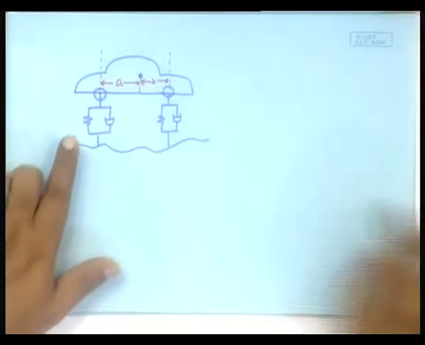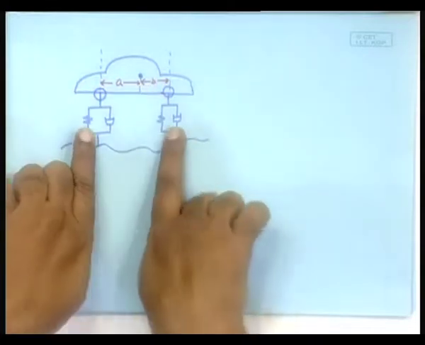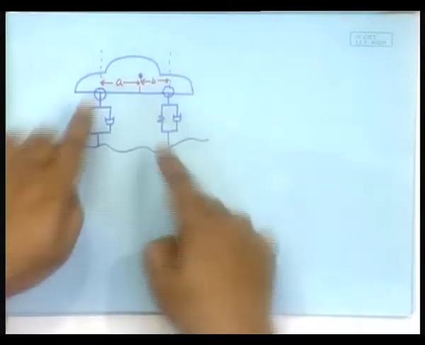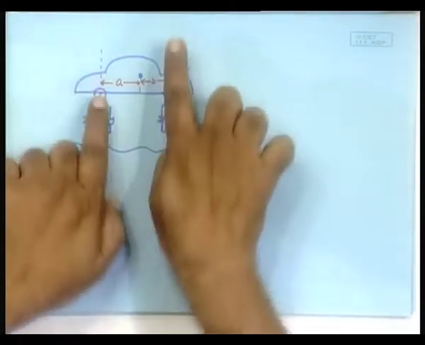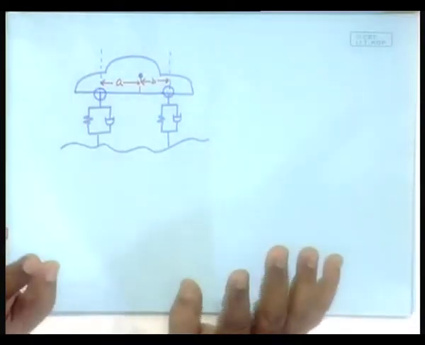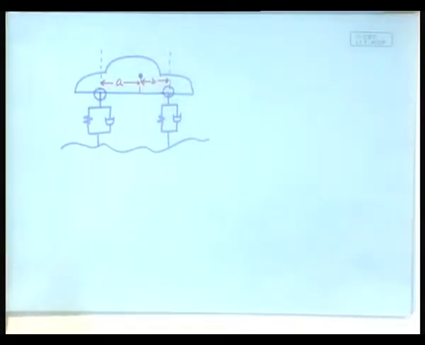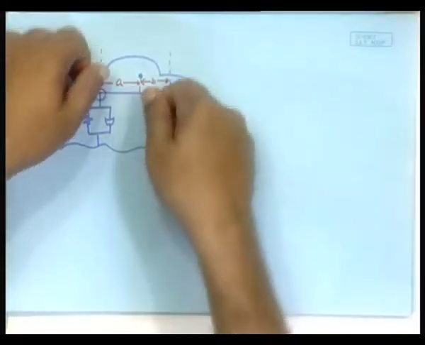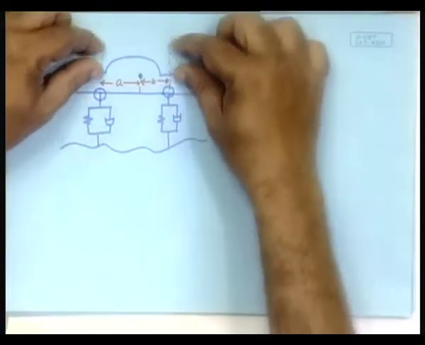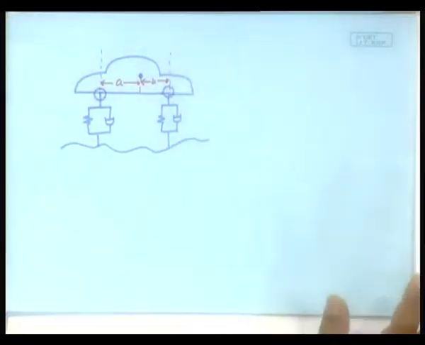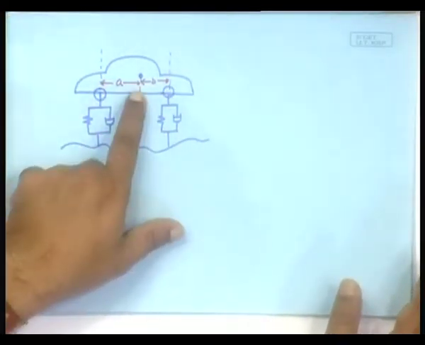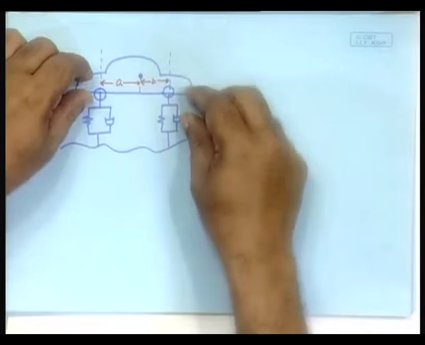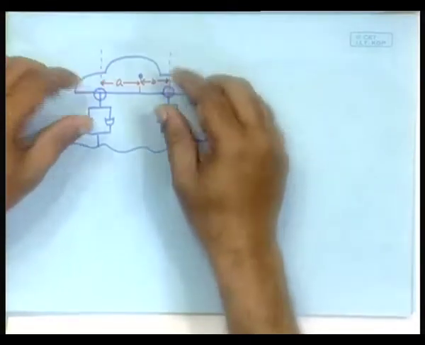Depending on that, here is the CG and here are the forces acting. Because of this, it will be going up and down, fine. And not only that, the CG itself will go up and down. So, one will be the rocking motion, the other will be the total up and down motion. And for the rocking motion, you will have to consider the moment of inertia. For the up and down motion, you will have to consider the mass.